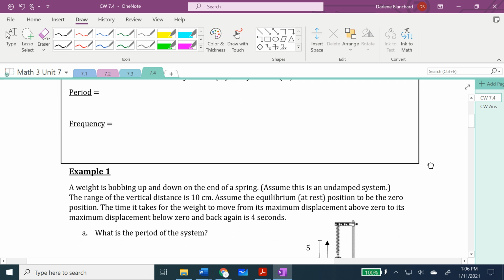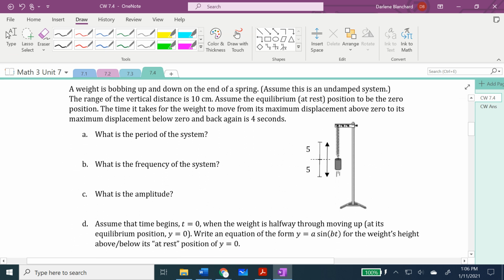So then I've got a first example, and this is just, part of this is introducing the new vocabulary words and bringing it into a pretty standard physics problem. So we've got a weight right here on the end of a spring, and the weight is bobbing up and down on the end of the spring.